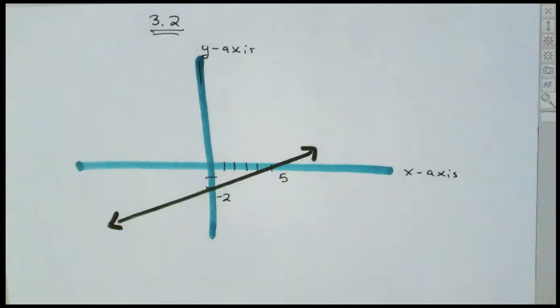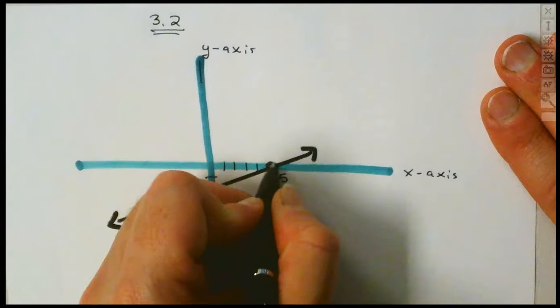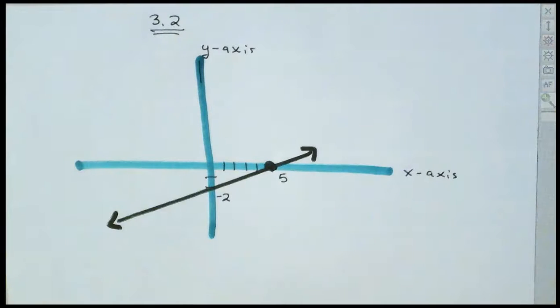So it has an x and it has a y-intercept. This point right here where I've got the circle, that's going to be the x-intercept, because that's where it touches the x-axis.